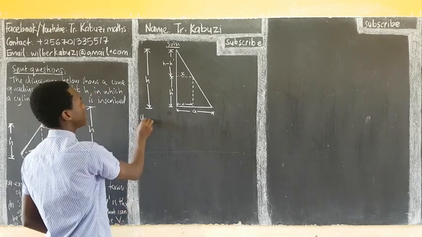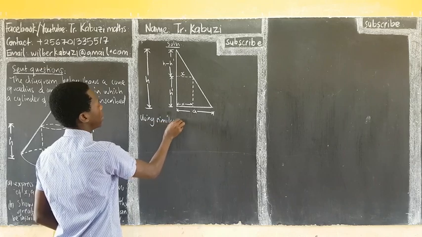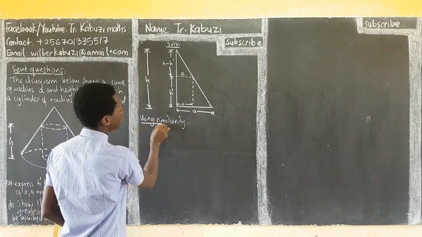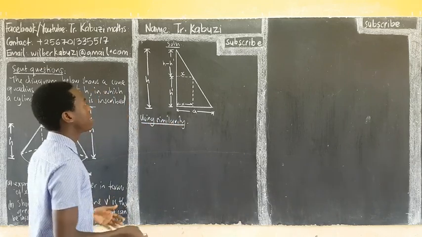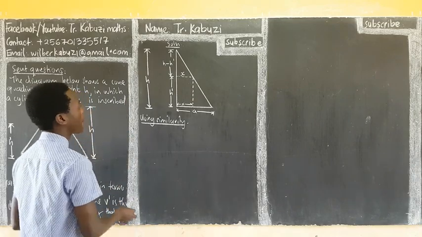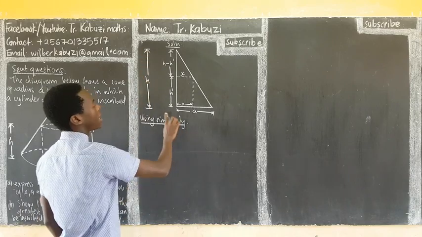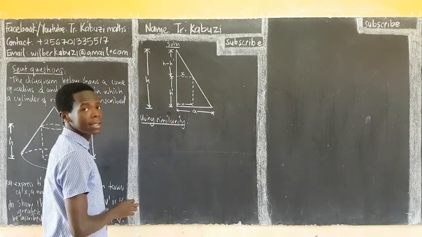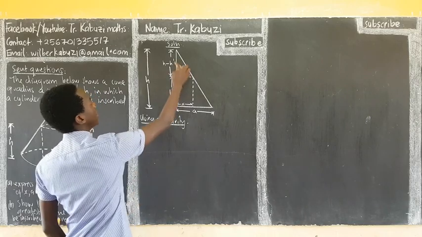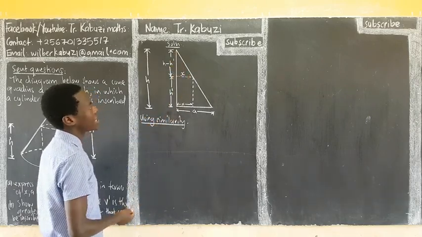So using similarity, there are many ways you can say it: big over big, or small over small. It's up to you. I'm going to say the big height over the big base, then the small height over the small base, as simple as that.